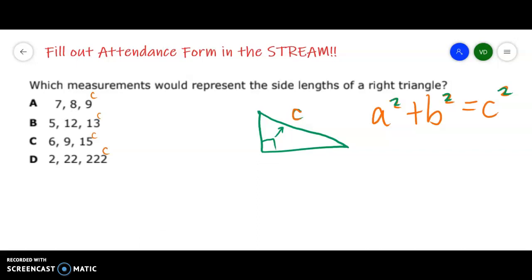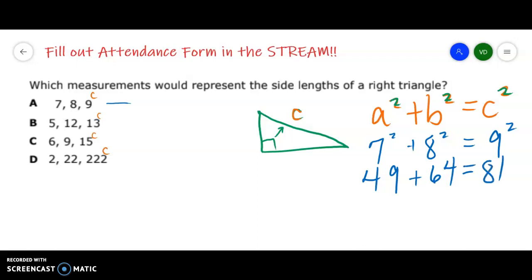So if I take my first answer choice A, I'm going to have to do 7 squared plus 8 squared. And I'm going to say, is that equal to 9 squared? Okay, so 49 plus 64, 81, right? So if I add those two together, 9, 10, 12... I did that quickly in my head, so if I'm not right, I'm sorry.